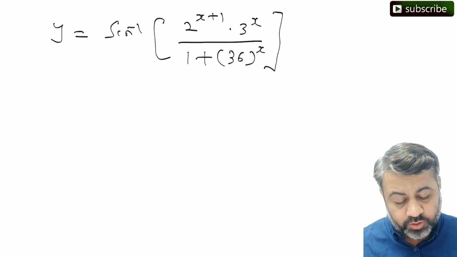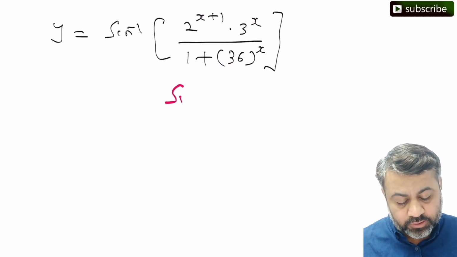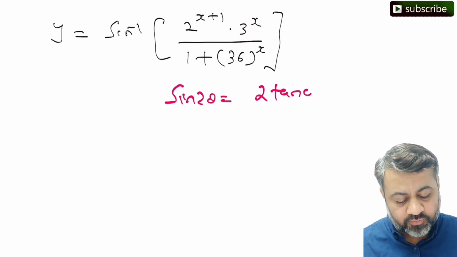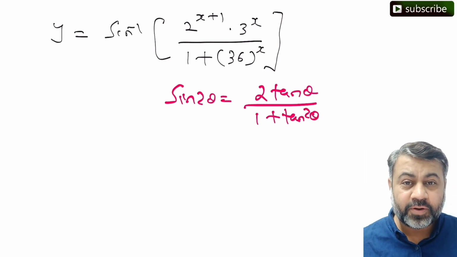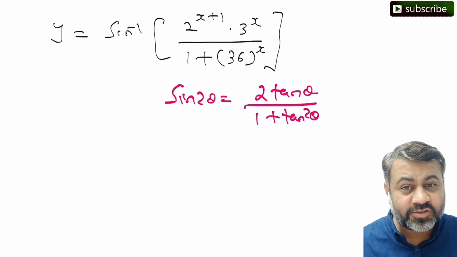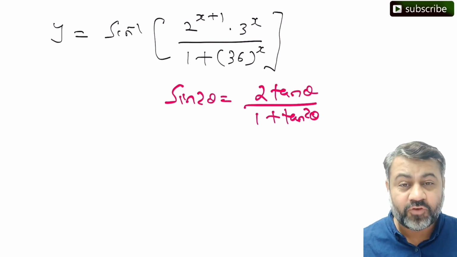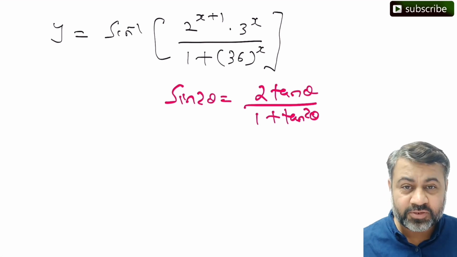I want you to remember that sine 2 theta is nothing but 2 times tan theta upon 1 plus tan square theta. So we'll be using this basic concept to solve this problem, but we need to make some arrangement in the brackets here so that we get in the form of 2 times tan theta by 1 plus tan square theta. What arrangements can be done?